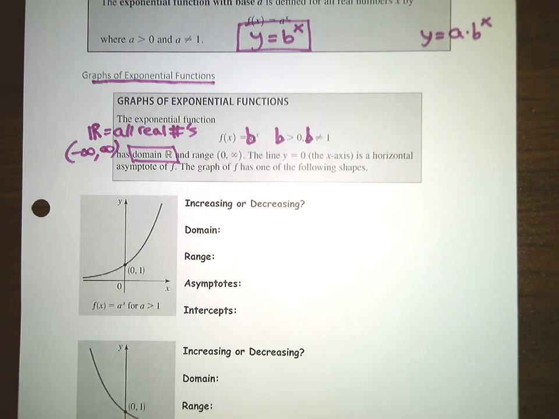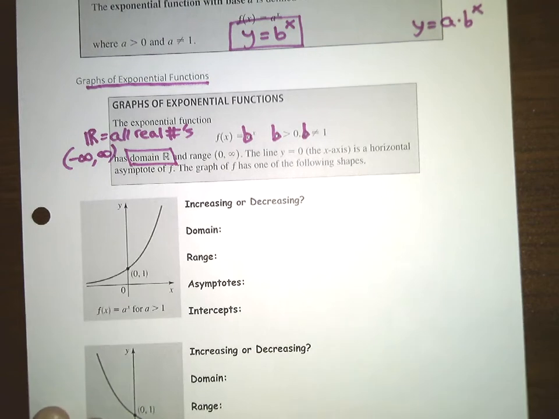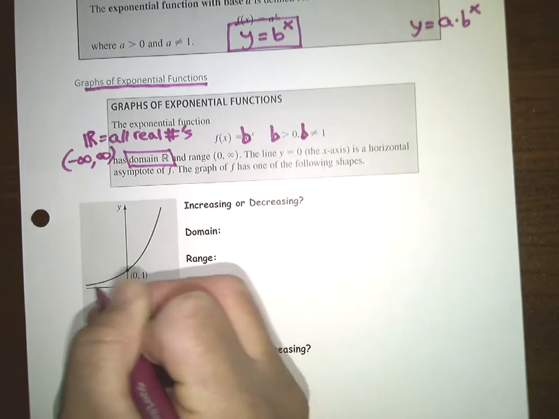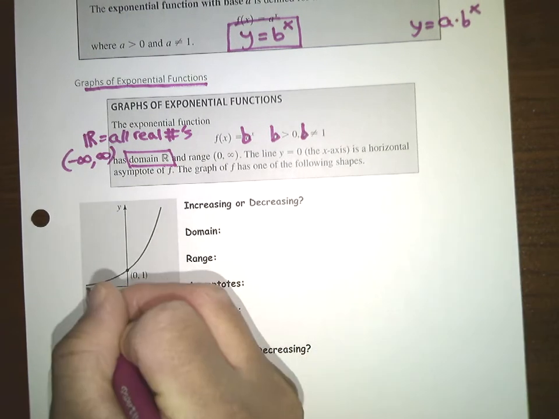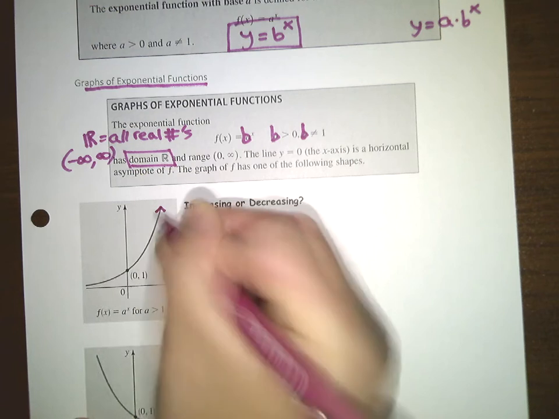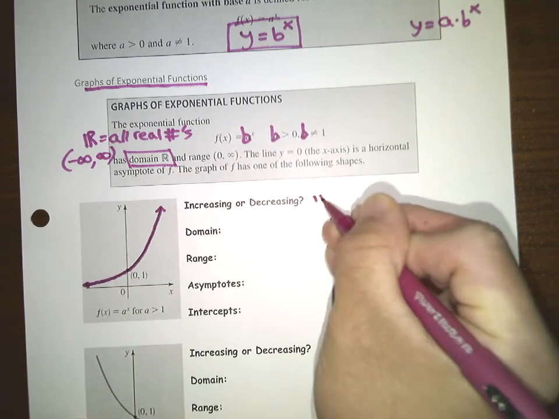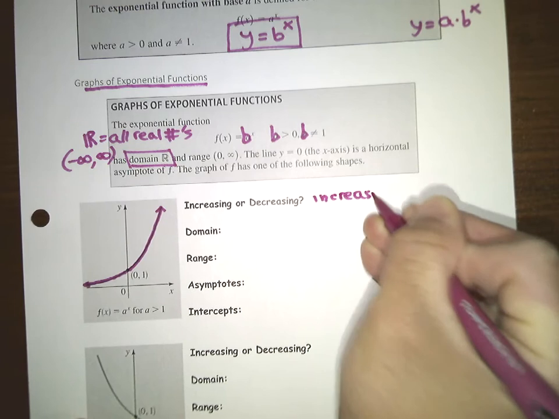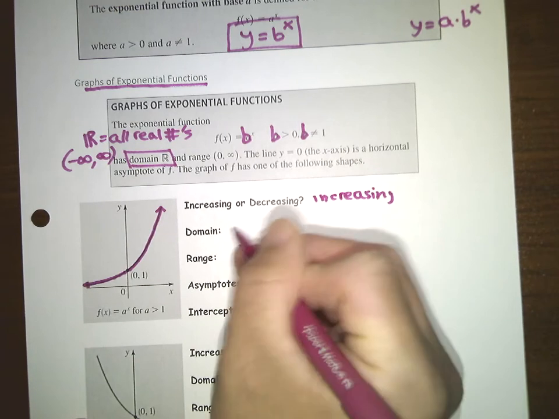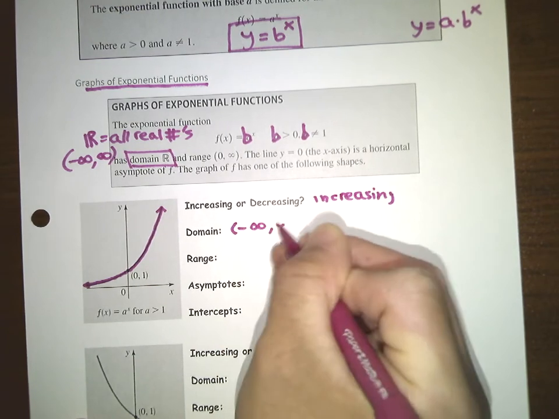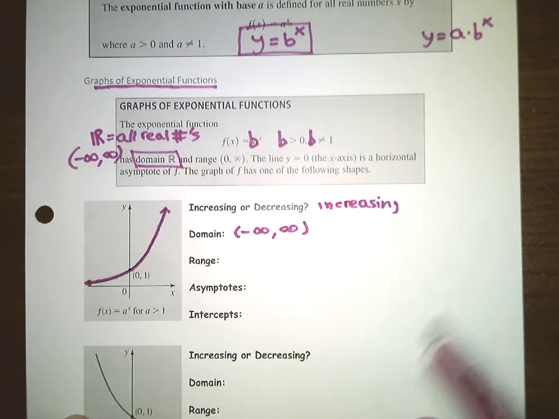So this particular one here, if you look at it, is this one increasing or decreasing? Well, I see that it is going upward like this, so it's increasing. And the domain is all real numbers, negative infinity to infinity.